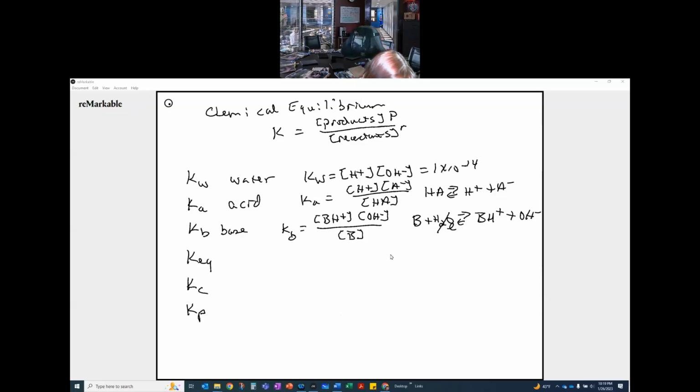We can talk about KEQ, and when we talk about KEQ for aA plus bB going to cC plus dD, if A is aqueous, B is a liquid, C is aqueous, D is a solid, then our KEQ is going to be equal to the concentration of C raised to the c power over the concentration of A to the a power, because only those two components will appear because the liquids and the solids do not appear.